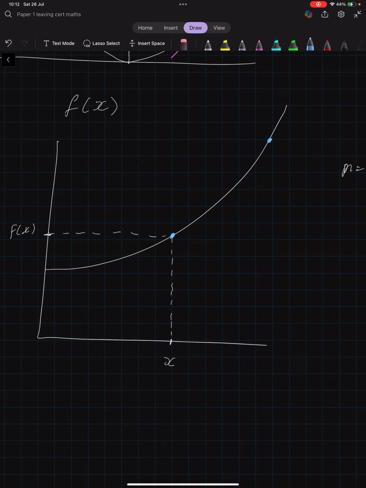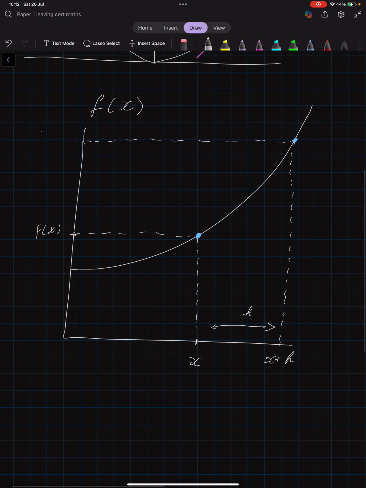Remember, I want the slope specifically at this point, but let's say I pick two points for the minute and try to get the slope between them. Say this is x plus h, where h is just the distance I'm going to the right. The height is then f of x plus h. So this point here is f evaluated at x, and this point here is f evaluated at x plus h.